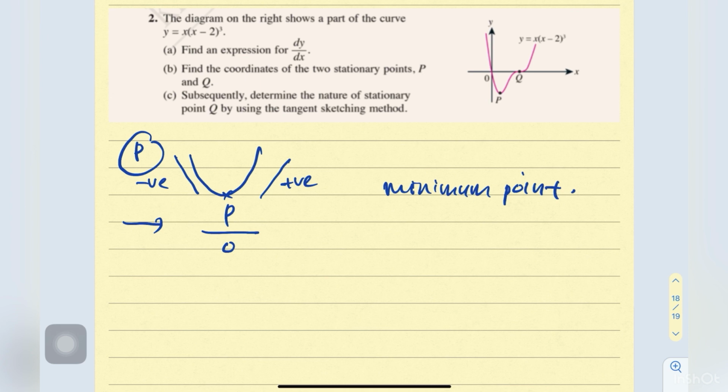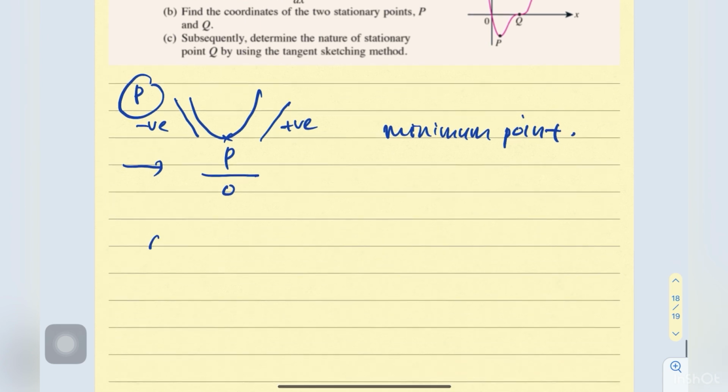For point Q, we draw point Q right here. Look at the gradient from left to right. When x is increasing, at the left side the gradient is positive, then changes to 0, then to positive again.